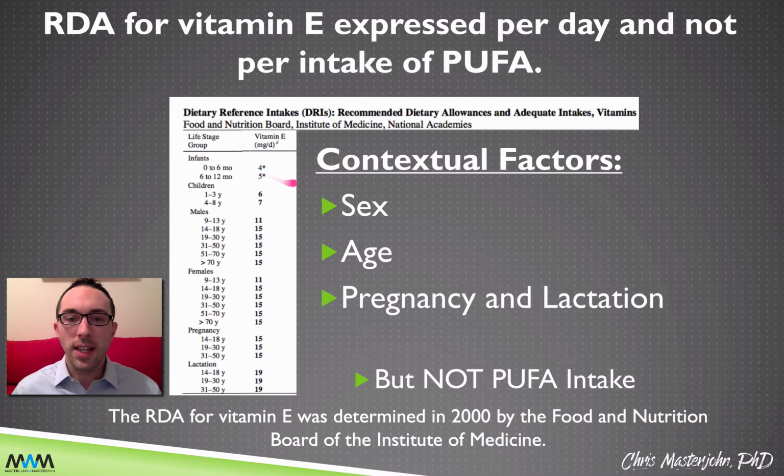So we see that the RDA takes into account contextual factors: sex, age, pregnancy, and lactation, but not PUFA intake. That can be misleading because if you look at the actual DRI report, you can see that they clearly believed that vitamin E requirements depend on PUFA intake.